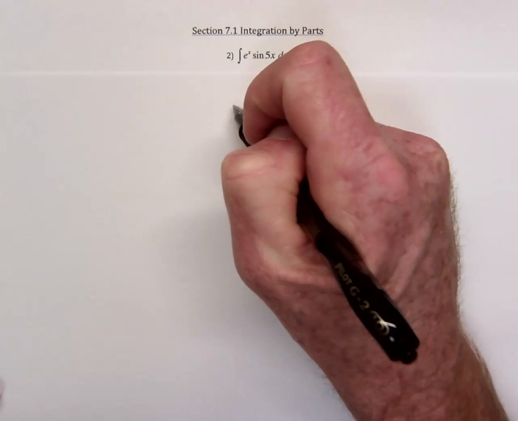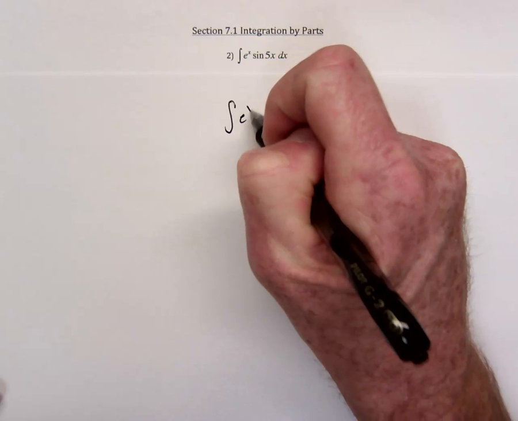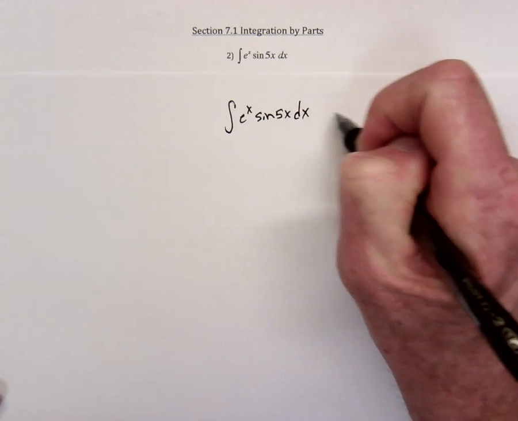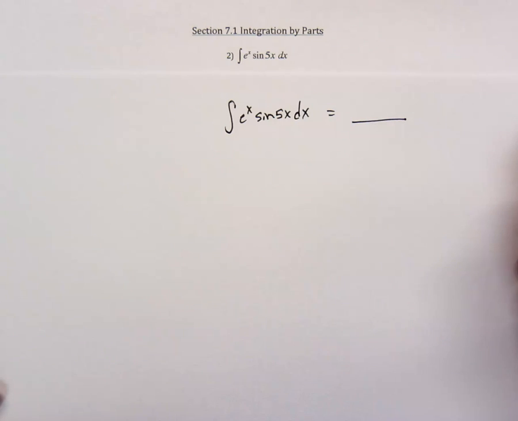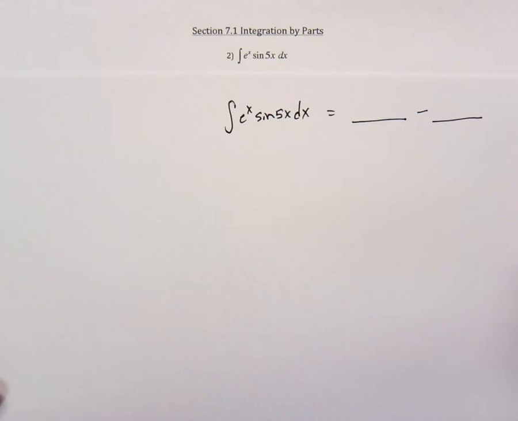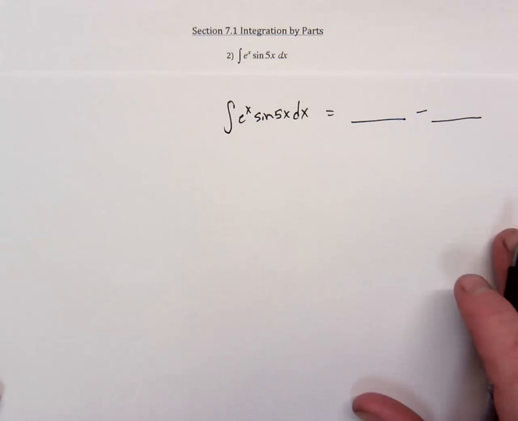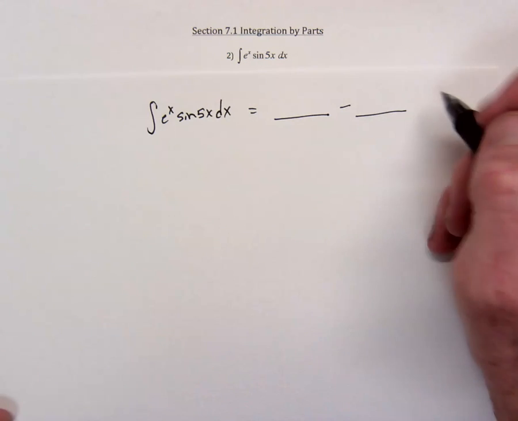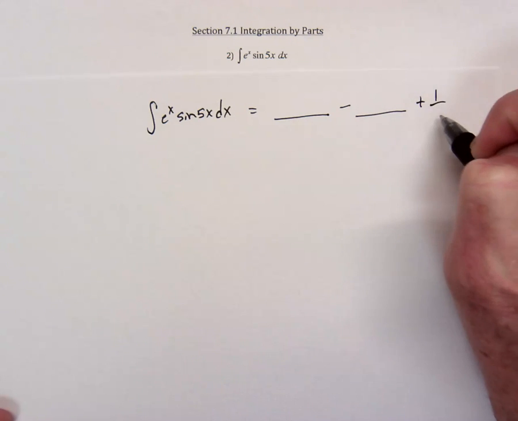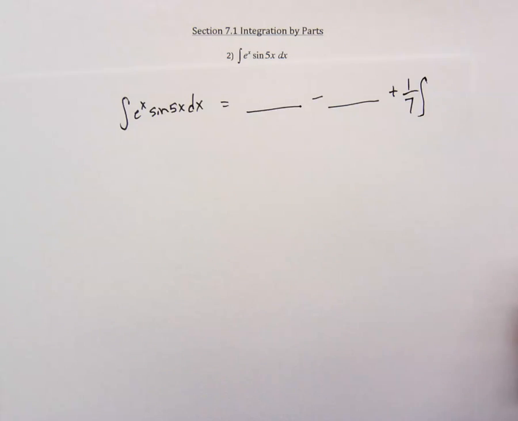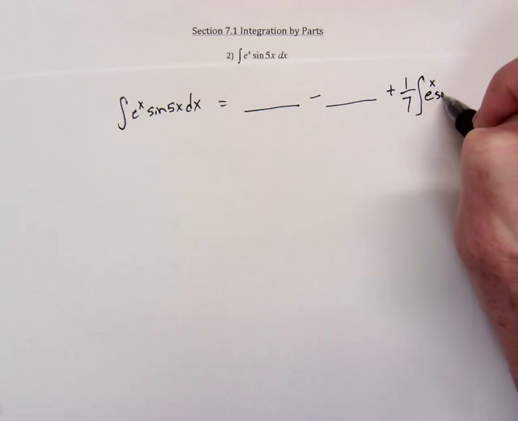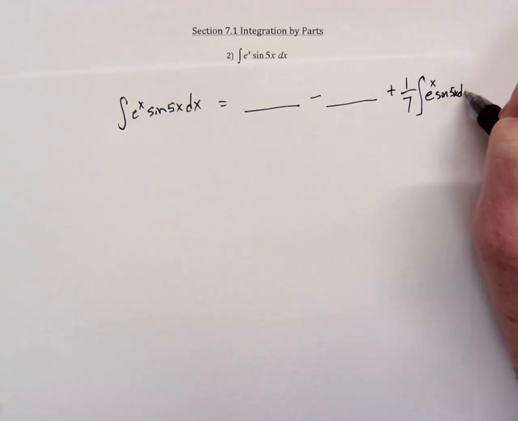So essentially what's going to happen is we'll have this original integral. It equals, we do integration by parts once, we do integration by parts again, and then what's going to happen is the same integral, perhaps with some number like 1/7 or something like that, is going to show up again, e to the x sine of 5x.